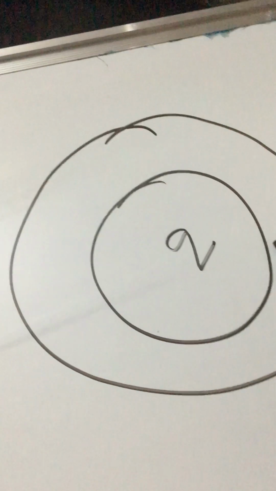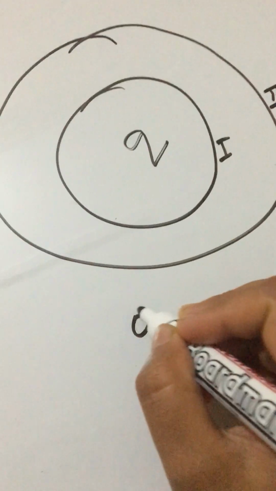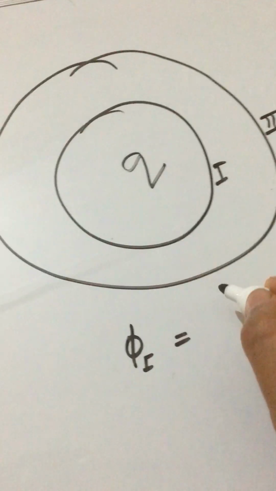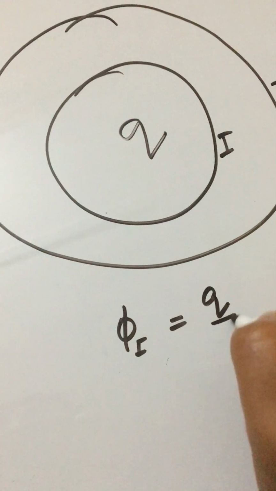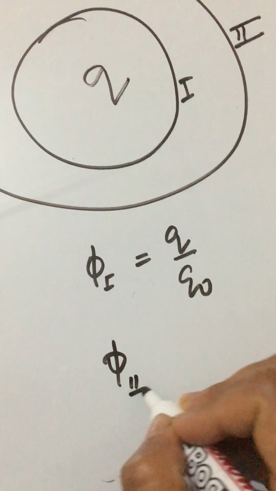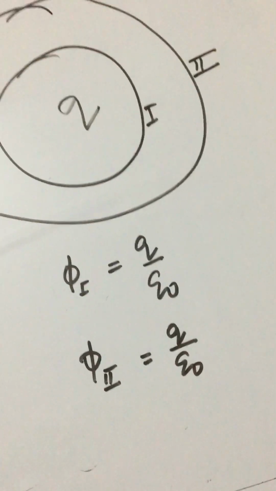Now, there is one more thing. Suppose here is a charge, and here is one surface and here is another surface, 1 and 2. Now what would be the flux through surface 1? The charge enclosed is Q by epsilon, right? Through surface 2, what is the charge enclosed? Still the same or not?